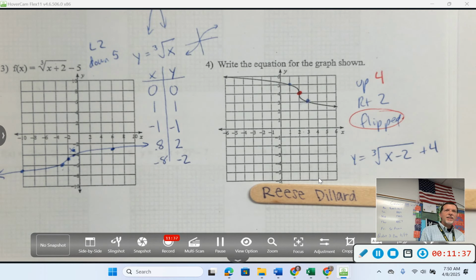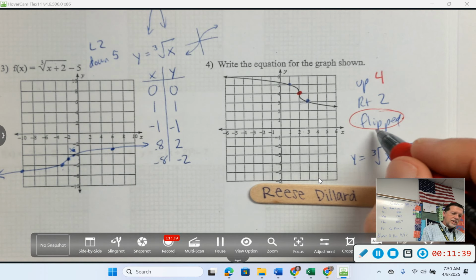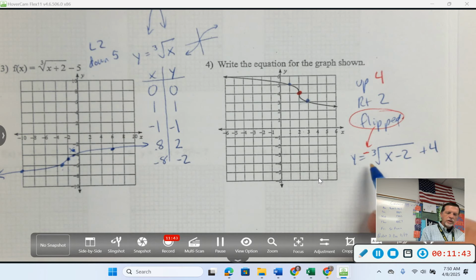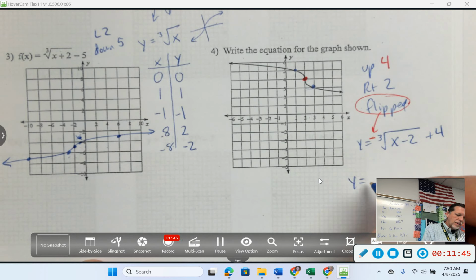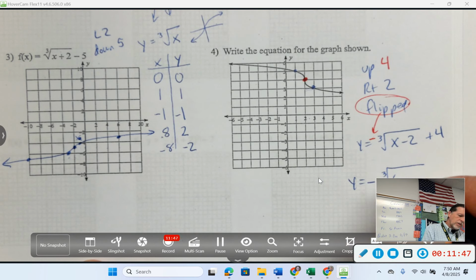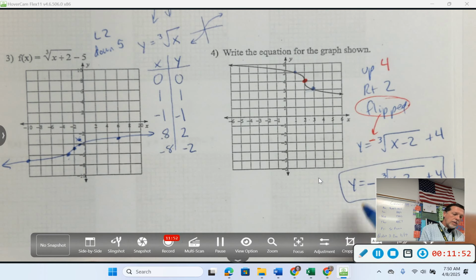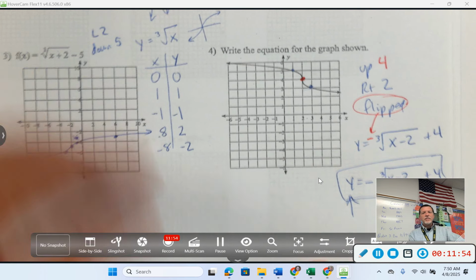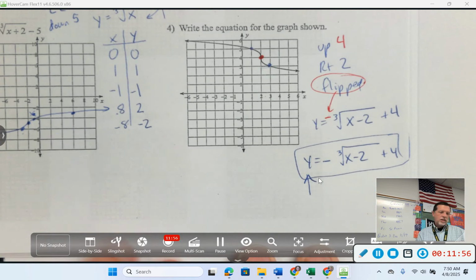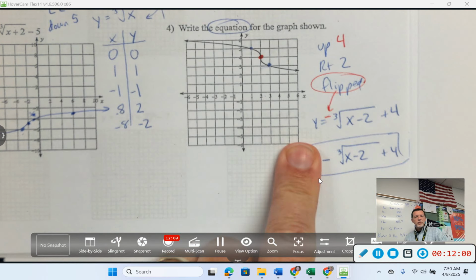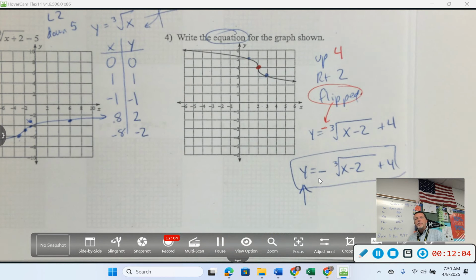Before the cube root. Yeah. That looks weird. That looks like the root is -3. We just say negative cube root x minus 2 plus 4. And a y equals on there because it asks for any equations. Some of you have missed a few points along the way this year because you didn't put a y equals on something. It's frustrating to make a 99 for that reason, so don't forget the y equals.